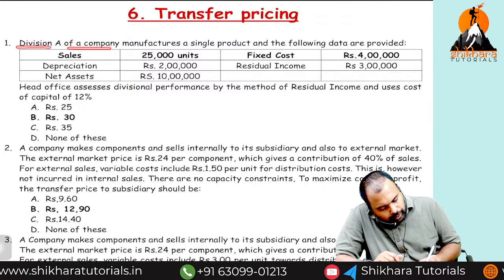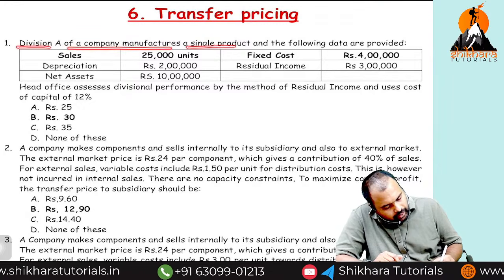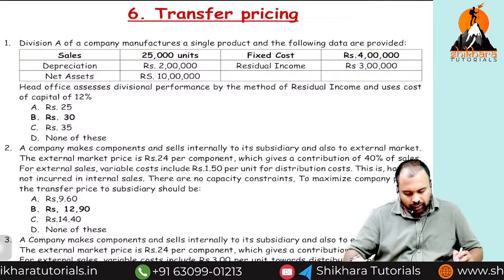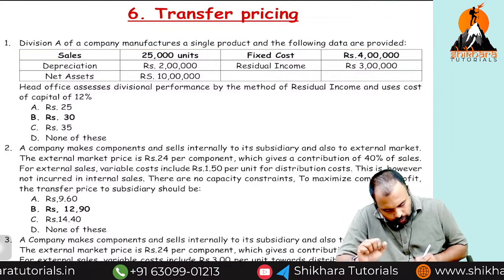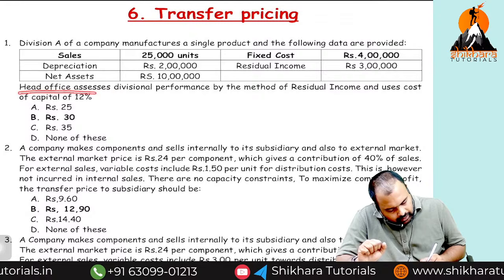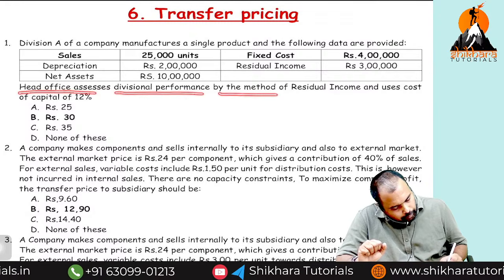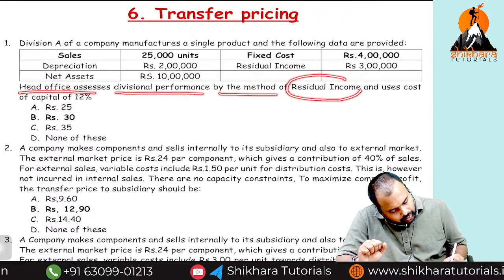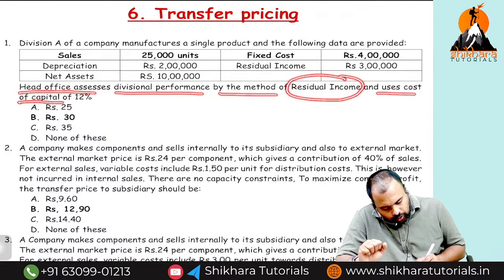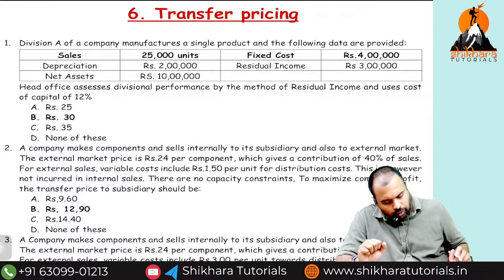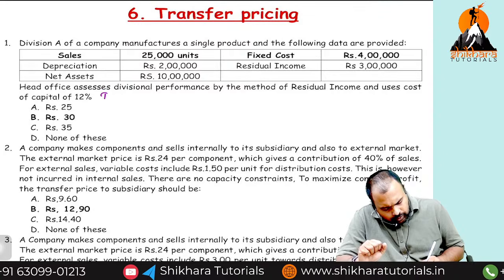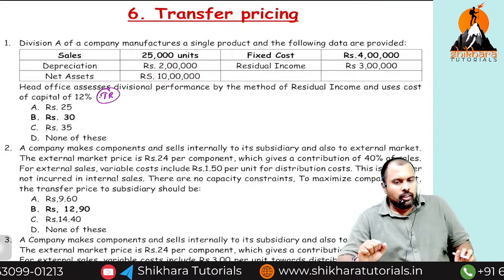Division A of a company manufactures a single product and the following data are provided. Head office assesses divisional performance by the method of RI and uses a cost of capital of 12%. Then what should be the transfer price, sir? They're talking about transfer price.